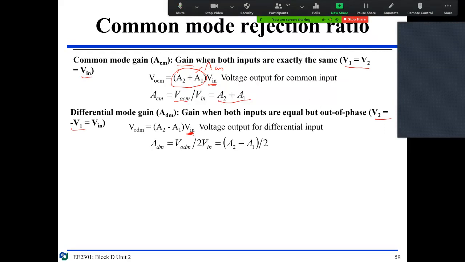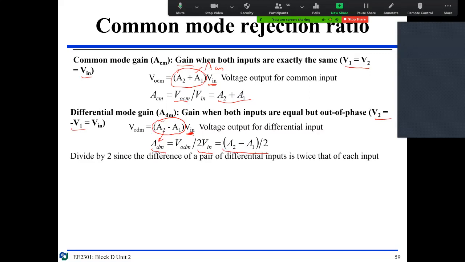In this case, this is written as a differential mode. So you denote this guy as this one. Basically it's A2 minus A1 divided by 2. The reason we divide by 2 is because the magnitudes are the same but the signs differ. So the difference between V and minus V is 2V, right? So that's 2V. It's the difference.